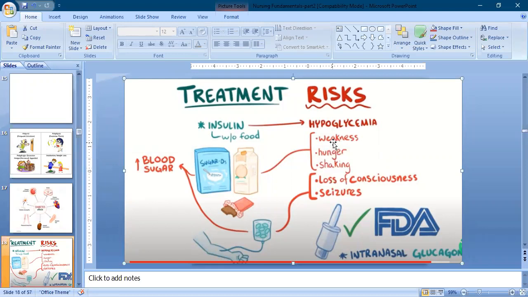If your patient is conscious, then you have to give them some food orally, and this food increases the blood sugar level. But if your patient is unconscious or has a seizure, we never ever give anything by mouth.